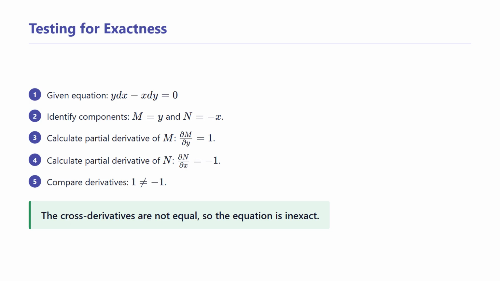Since 1 does not equal negative 1, the cross derivatives do not match. The equation is inexact, meaning we cannot integrate it directly. This sets the stage for our integrating factor. Physically, this means if we tried to calculate work done in this field, the answer would change depending on the exact route we took, which is not what we want for a conservative system.